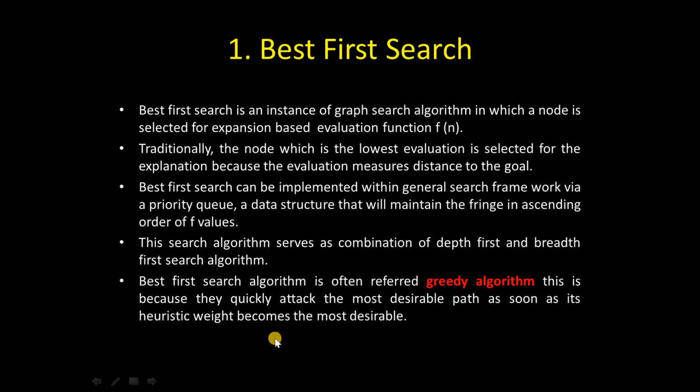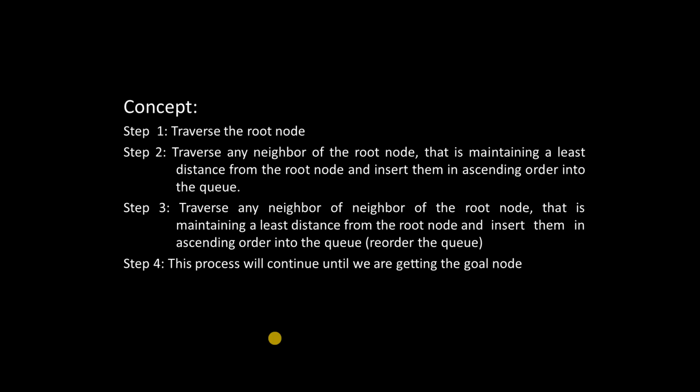This algorithm is also called a greedy algorithm in the class of searching, because it quickly attacks the most desirable paths as soon as its heuristic weight becomes the most desirable. That means this algorithm works with respect to the cost. It takes the node with the minimum cost to the goal node. It will be more clear when we discuss the examples. First of all, we will see the concept.